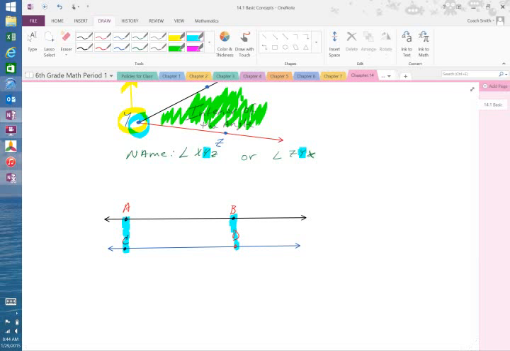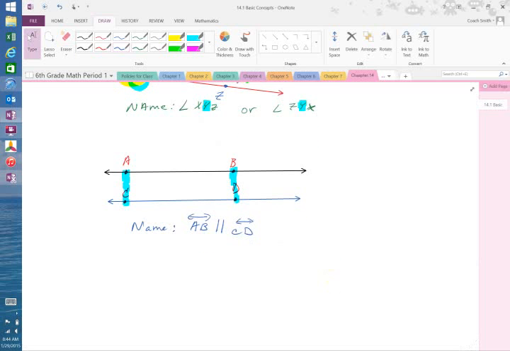The symbol, how we name these, is we name them line AB is parallel to line CD. Okay, that's how we name them.